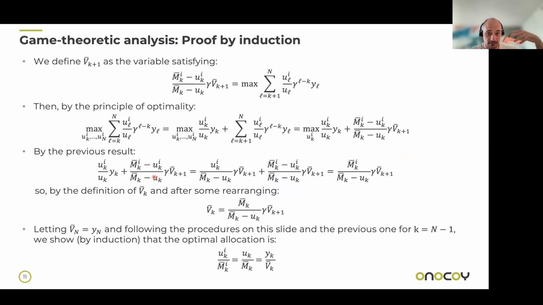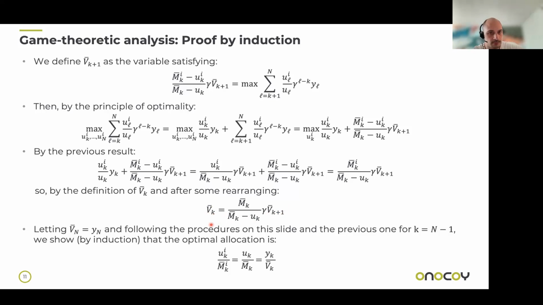And so by the previous result, because we already solved this game here, we know that this expression is equal to this. And now we also know the definition of v bar k plus 1. We know the definition of v bar k, which was defined up here. And you do some rearranging and you find an expression for v bar k, relating v bar k to v bar k plus 1. Okay, that's cool.